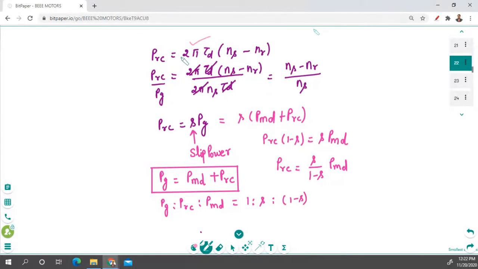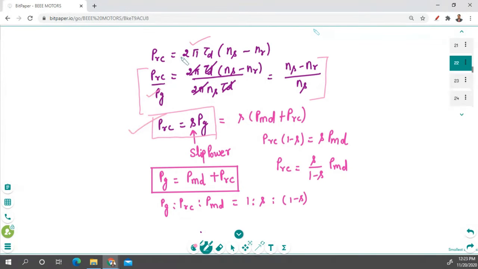And we will find this equation using Prc divided by Pg. We divide by the input power, and we rearrange these equations by dividing all the equal parts. We achieve the copper loss is equal to slip into input power.